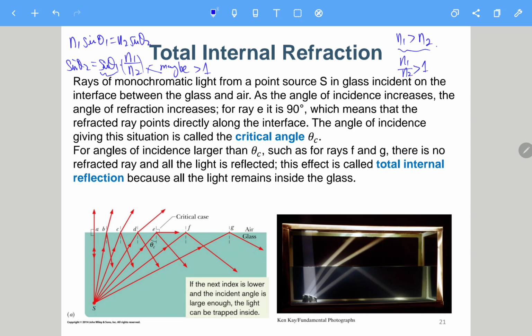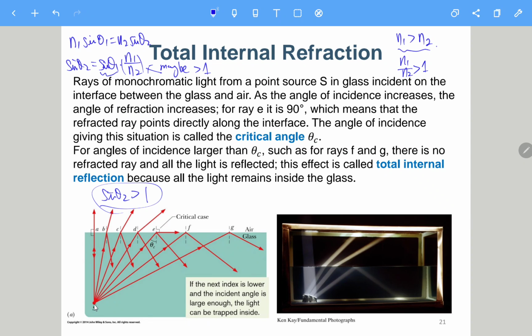So if sine of theta 2 is larger than 1, there should be no solution in the real domain, in real numbers. So in that case, there will be so-called the total internal refraction, 全反射.